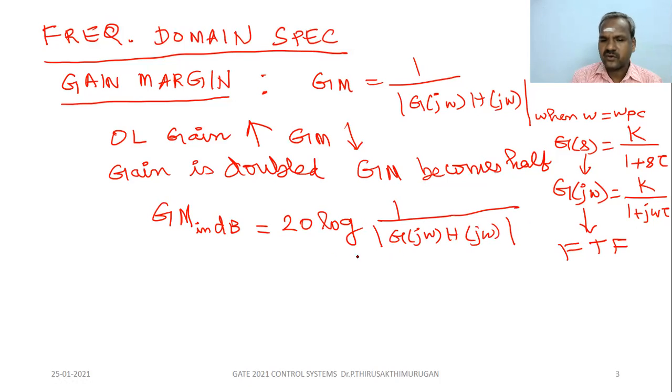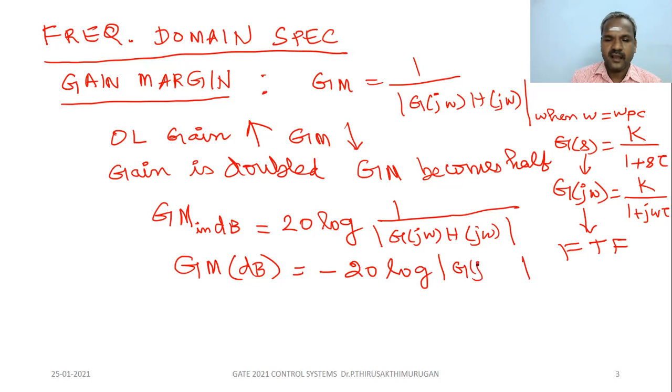If we express gain margin in dB, it can be written as minus 20 log of the magnitude of G of j omega, H of j omega. Understood? So it is the negative logarithm of the magnitude of G of j omega.